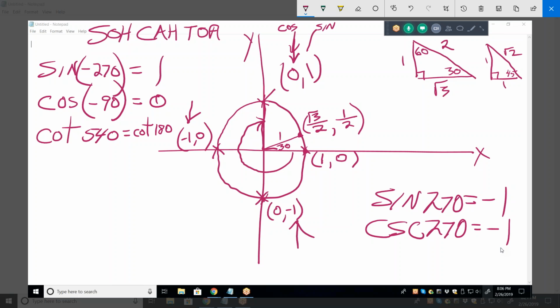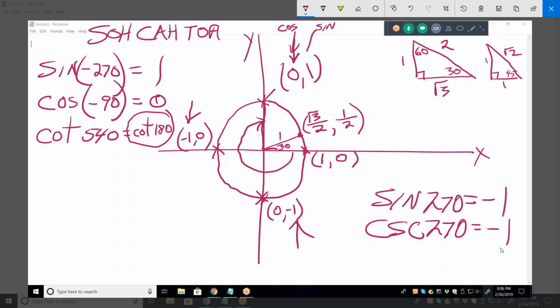In other words, always try to get your angle between -360 and +360. You can always do that. If I say the sine of 1200 degrees, take away 1080. You're left with the sine of 120. Those are called coterminal angles, where they're just multiples of 360.